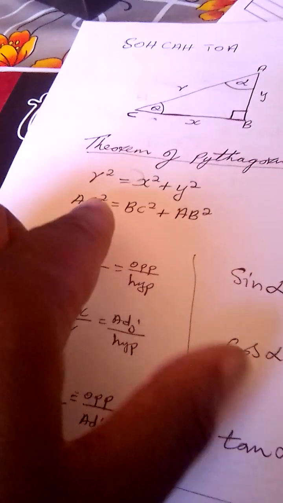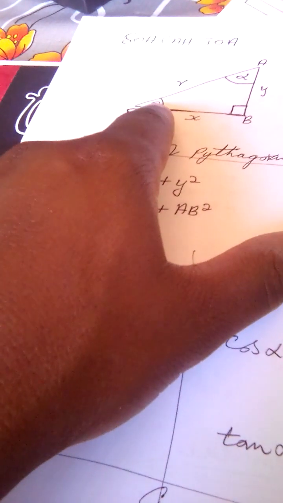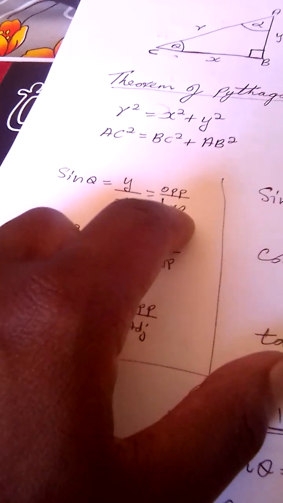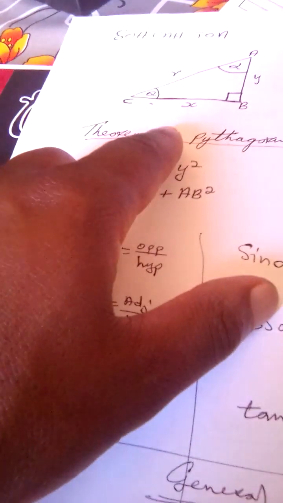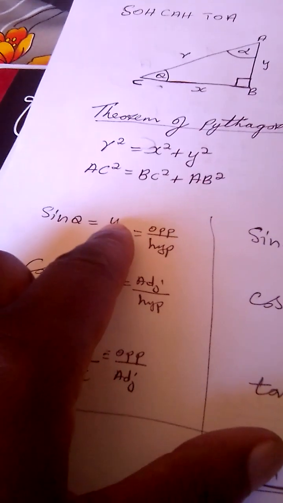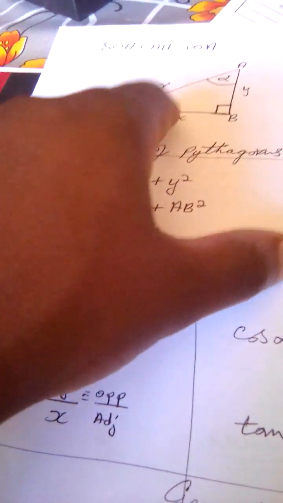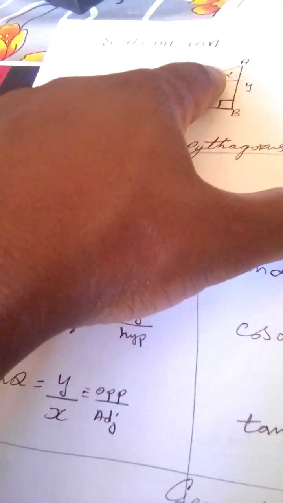Now let's see. I'm going to use theta as the standard position for this angle. When you say sine, we know that it's opposite over hypotenuse, which I say is y over r. First, I have to identify where my hypotenuse is. My hypotenuse is this side, it's always opposite to 90.